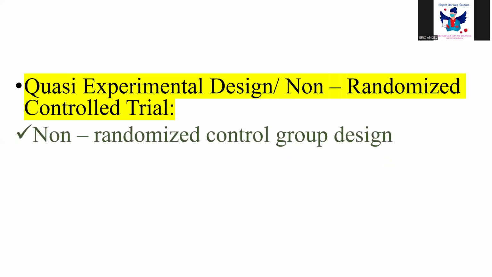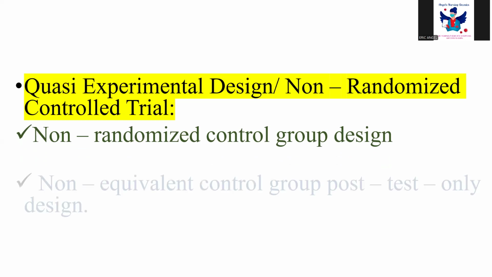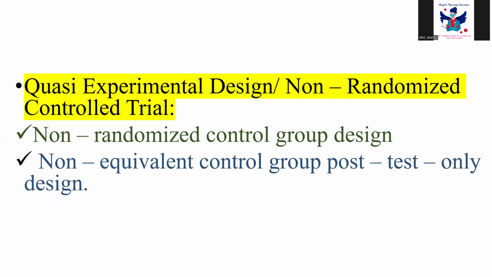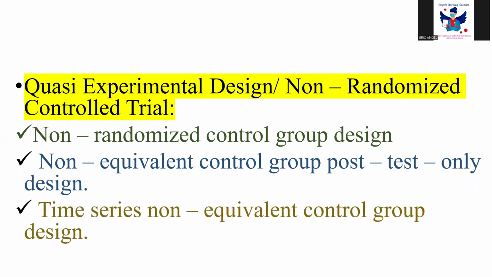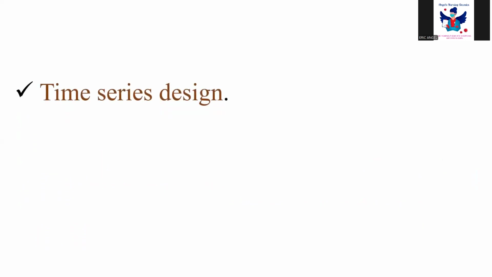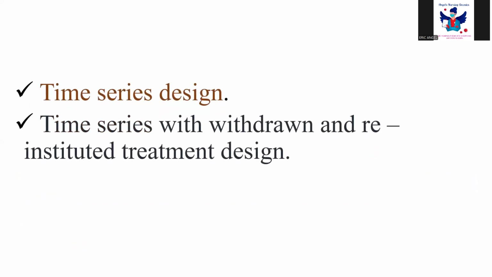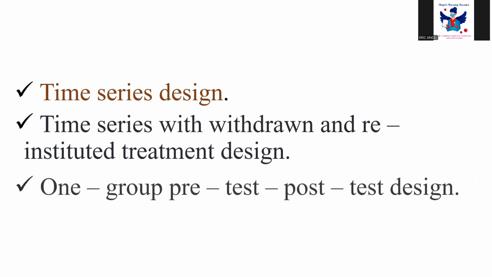It is again categorized into six subcategories. First one, non-randomized control group design. Second, non-equivalent control group post-test only design. Time series non-equivalent control group design. Time series design. Time series with withdrawn and reinstituted treatment design. One group pretest post-test design.